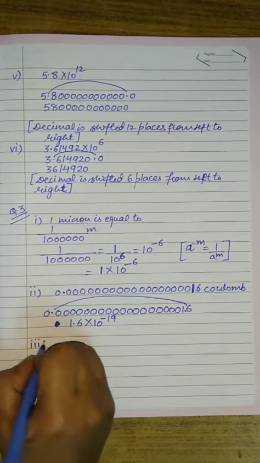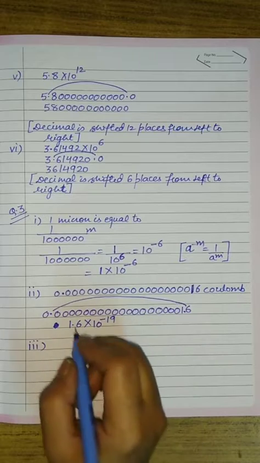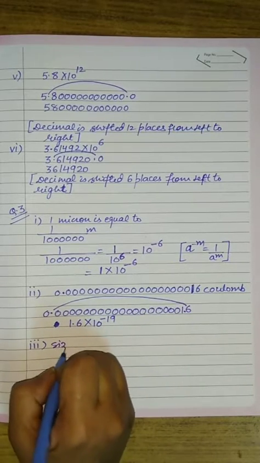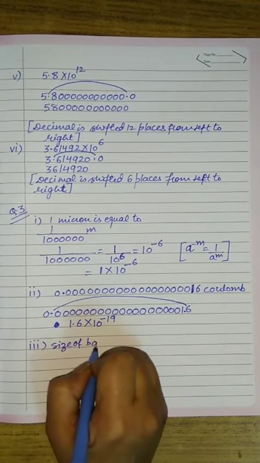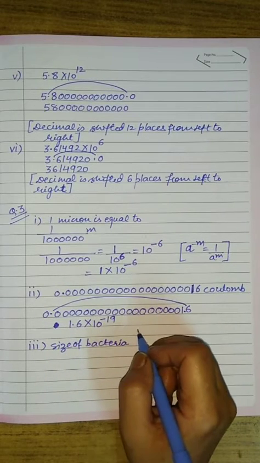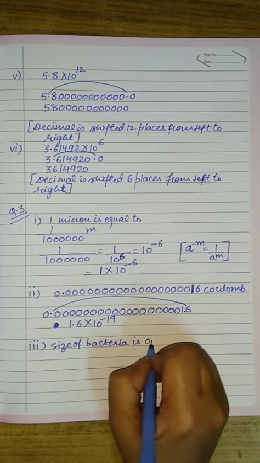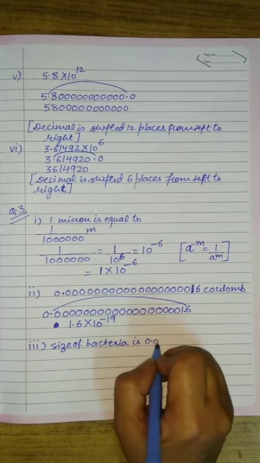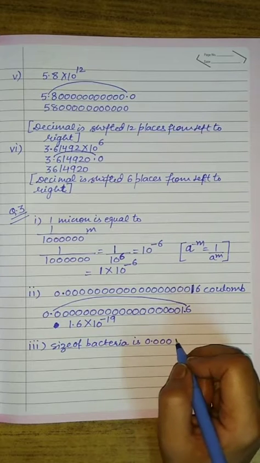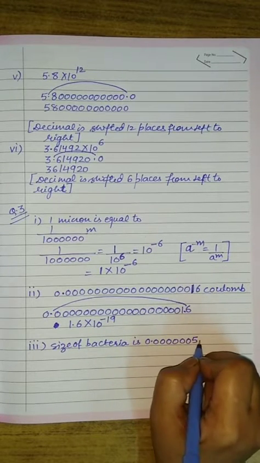Now third part of this question is size of bacteria is given: 0.000, we have 6 zeros before 5 meter.